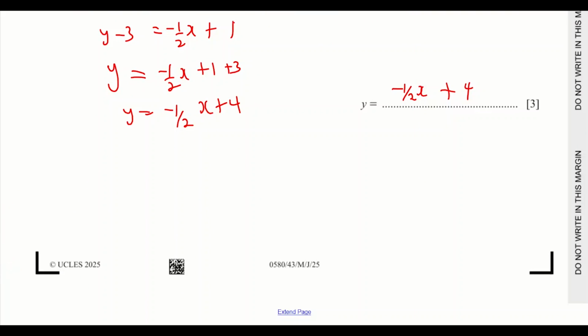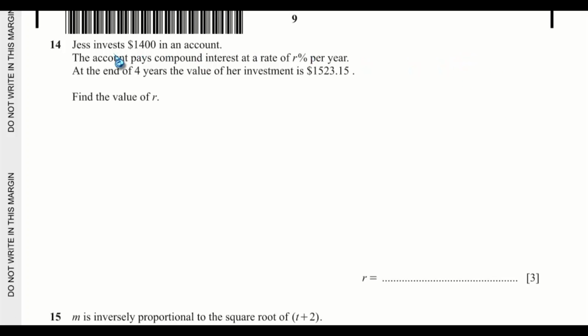Okay, so let's go to the next question. Question 14. Just invest $1,400 in an account. The account pays compound interest at a rate of R% per year. At the end of 4 years, the value of our investment is $1,523.15. Find the value of R. So we can write down the parameters here. P equals $1,400.